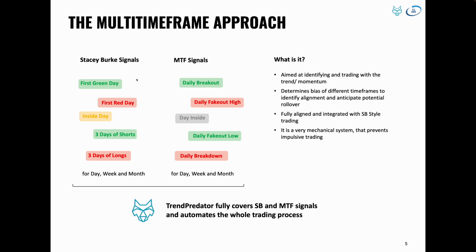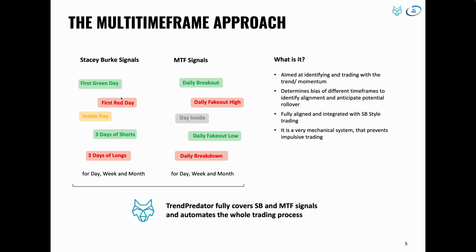As Stacey Burke style traders, we all know the classic Stacey Burke signals: first green day, first red day, inside days, 3 days long, shorts, and looking at that for day, week, and potentially month, some of us. We all know this is a very strong signal set and a very strong system, but it has some flaws, as I discuss also in my videos, because it makes you trade counter-trend moves.